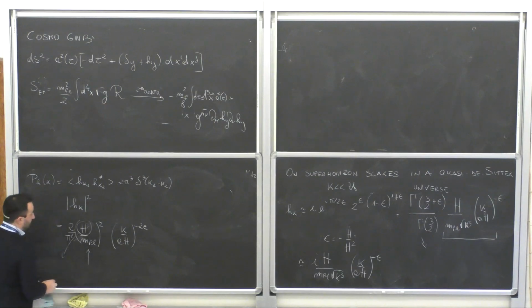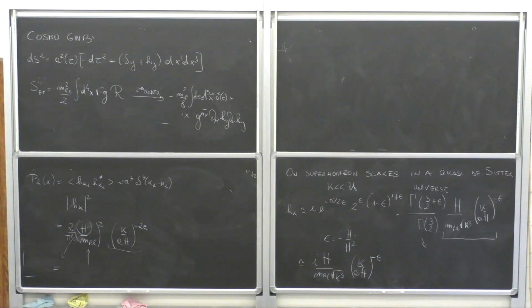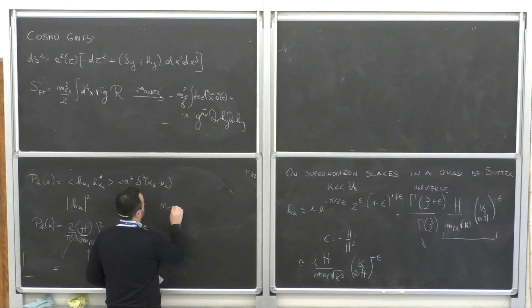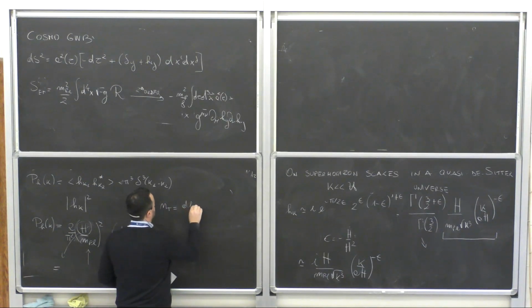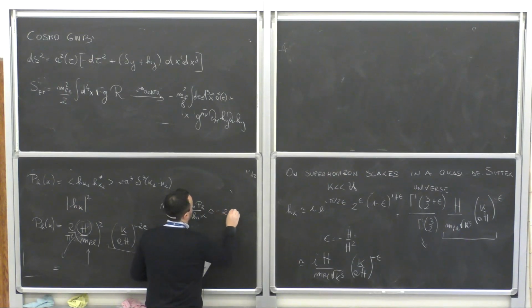But what is also very important is that this power spectrum has a so-called spectral tilt, equal to minus 2 epsilon.